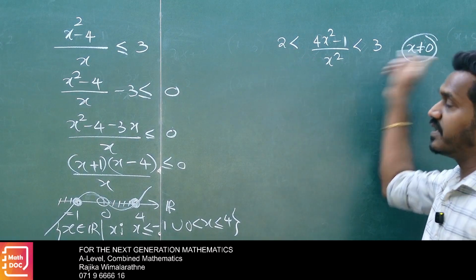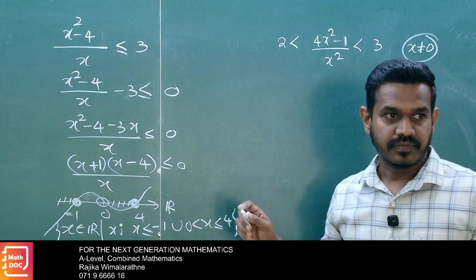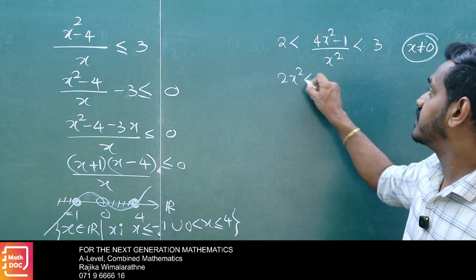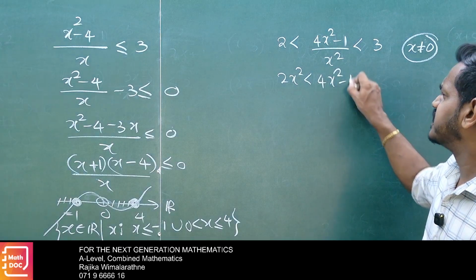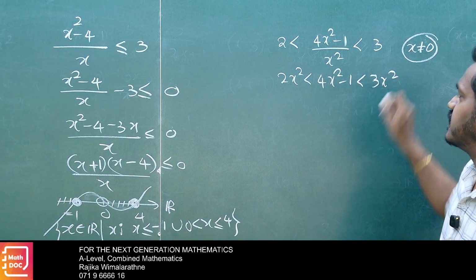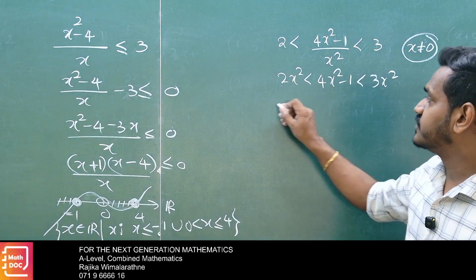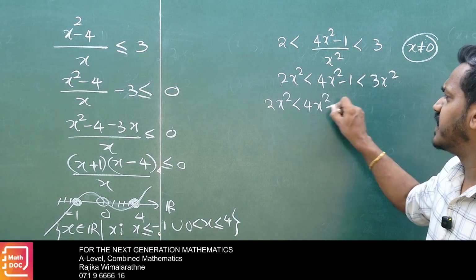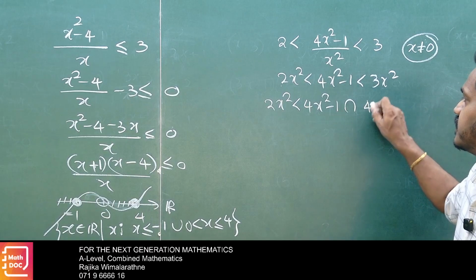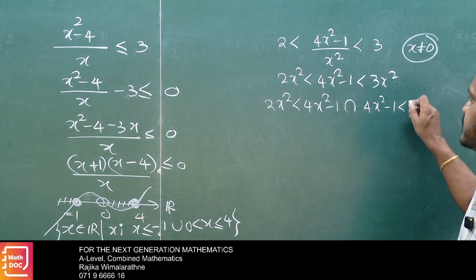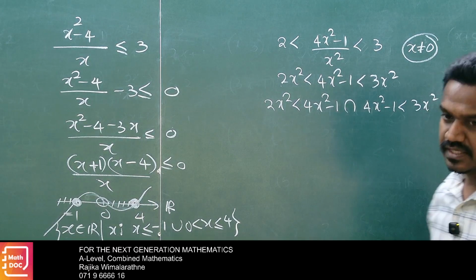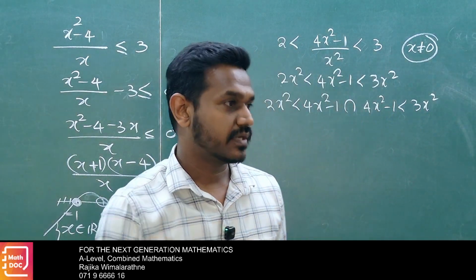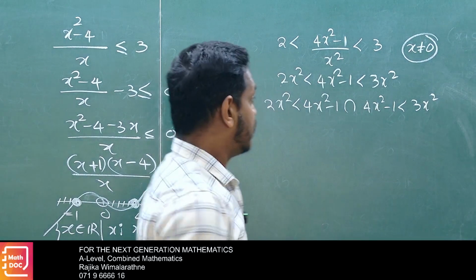Then we can cross multiply because x squared is positive: 2x squared less than 4x squared minus 1 less than 3x squared. Now for a double inequality you split it: 2x squared less than 4x squared minus 1, intersection 4x squared minus 1 less than 3x squared. Okay? You have to separate with intersection. Now solve this.